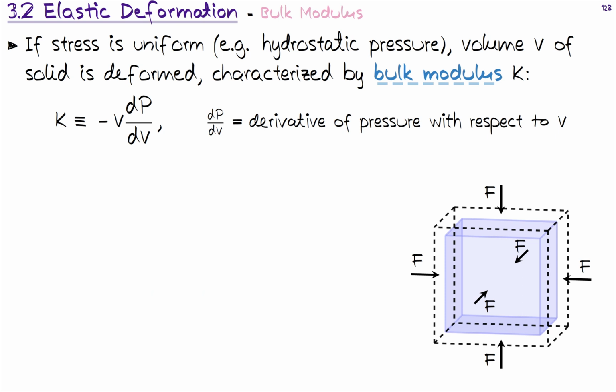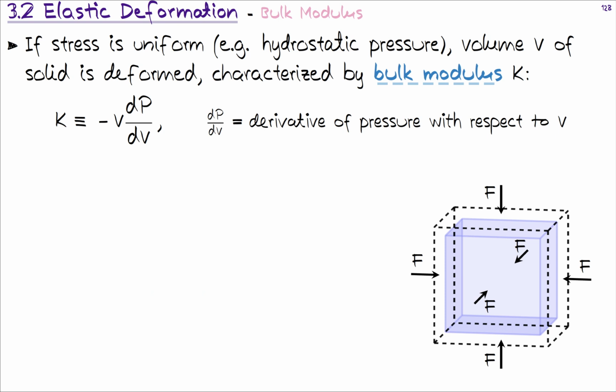The picture there shows what is happening when we are speaking of bulk modulus and compressive, hydrostatic pressure. So we are pressing with equal force from all sides, and then this force will deform the solid.